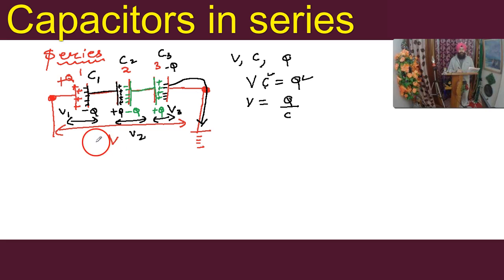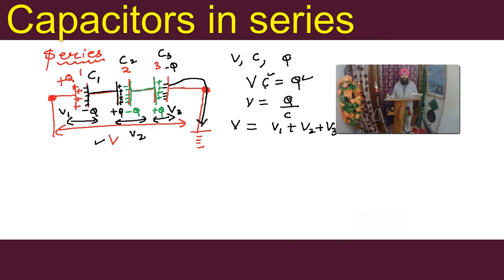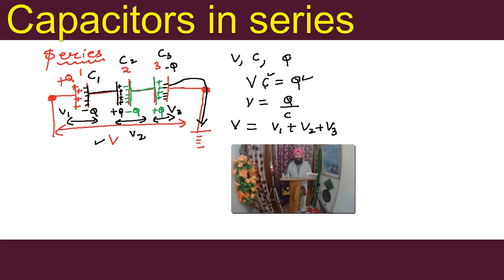We know very well that potential is a scalar quantity. Because it is a scalar quantity, we can write V equals V1 plus V2 plus V3. Now substituting the values: V1 is Q by C1, V2 is Q by C2, and V3 is Q by C3.